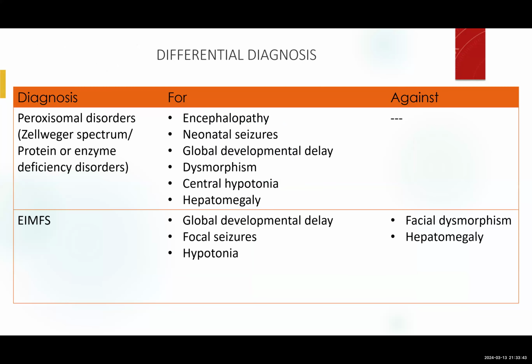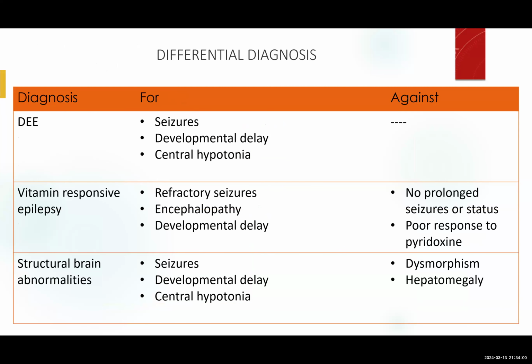The differential diagnoses considered were paroxysmal disorders in view of encephalopathy, neonatal seizures, global developmental delay, dysmorphism, central hypotonia, and hepatomegaly. EIMFS was also thought of in view of the focal seizures, global developmental delay, and hypotonia. Developmental and epileptic encephalopathy was also considered in view of seizures, developmental delay, and central hypotonia.